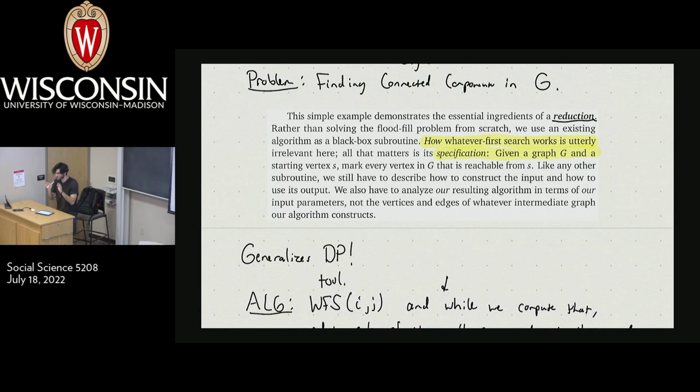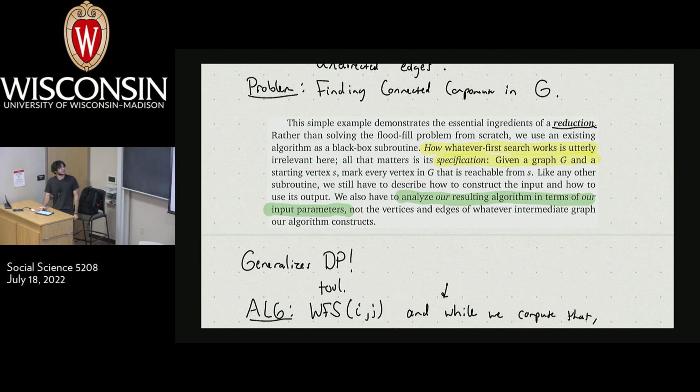We don't care about the specific details, if it's a stack or a queue or whatever. We only care about what it's supposed to do. But we also have to analyze our algorithm in terms of our input parameters, not the intermediate graph parameters. Okay? So this is a general reduction.